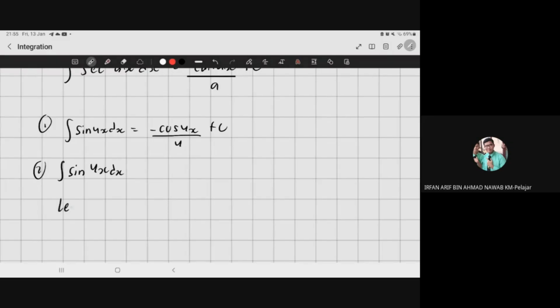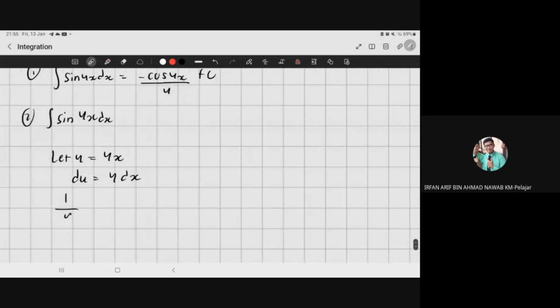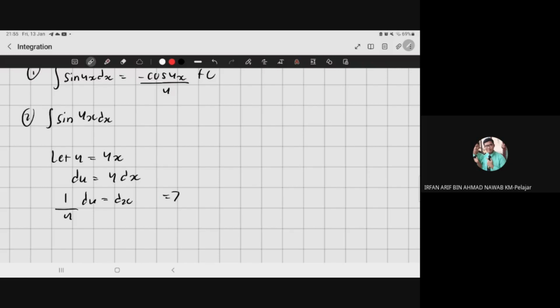Let u equal 4x. We differentiate it, which gives du equals 4 dx. Then we have 1 over 4 du equals dx. This implies sine u times 1 over 4 du.